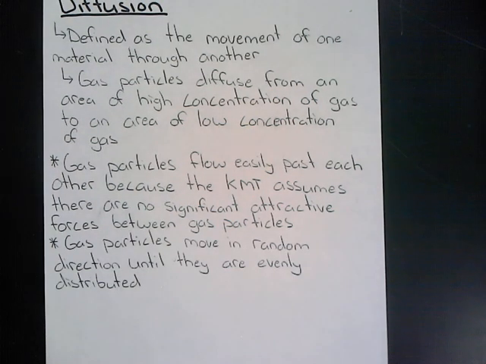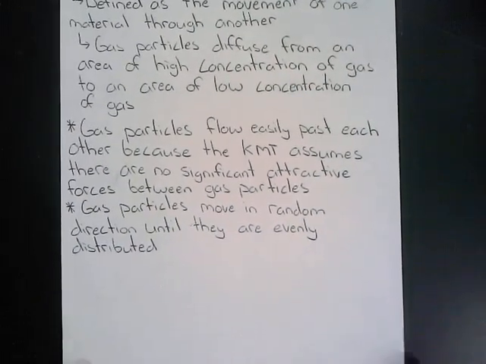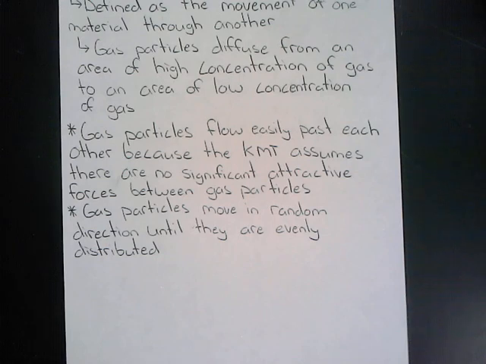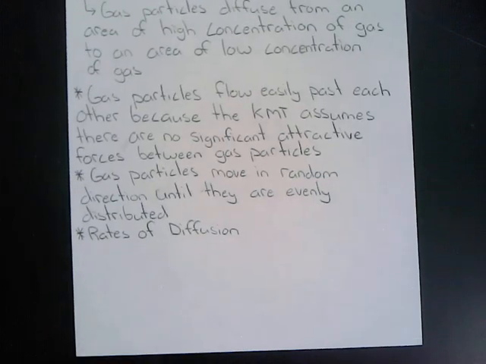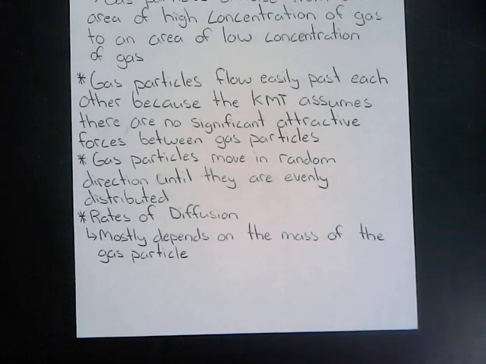So now that we have this information in mind, we can talk about the rates of diffusion with gases. And for the most part, the rates of diffusion are going to depend on the mass of the gas particle. The lighter the particle is, the more rapidly a gas will diffuse.